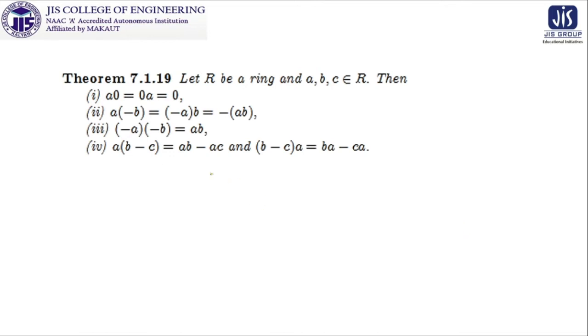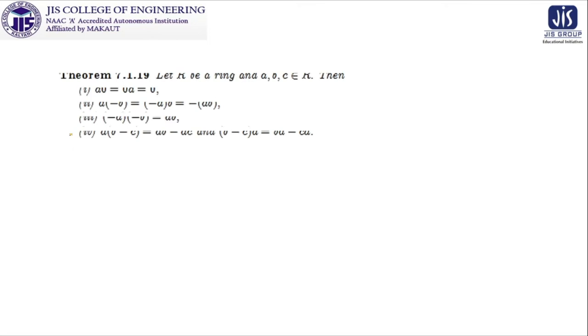We know that, yes, it is multiplication with 0, so obviously it will be 0, but we can now prove it with the help of the ring concept. Similarly, the next one: A times minus B is equal to minus A times B is equal to minus of AB. Similarly, the third one. All are obvious properties, but we have to prove them. So let us proceed.